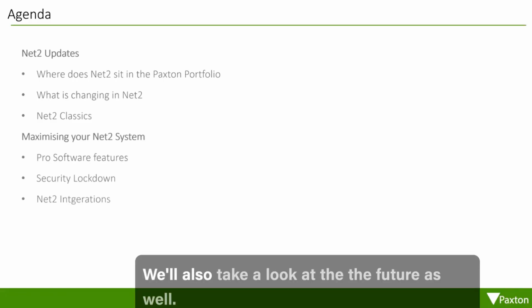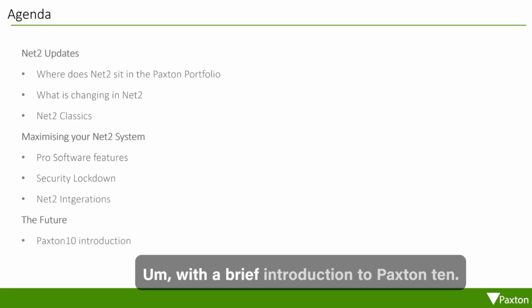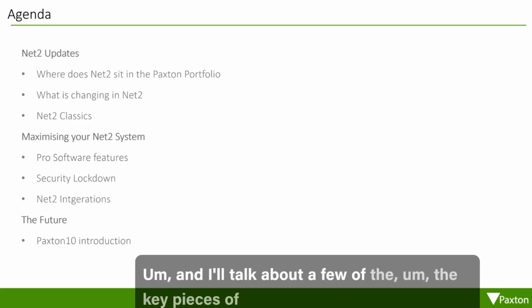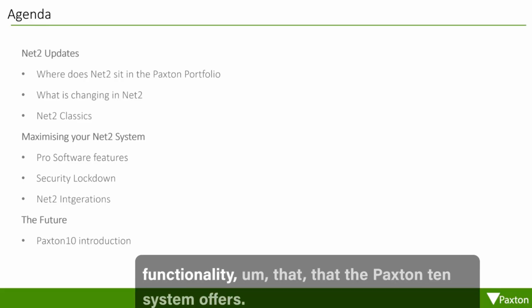We'll also take a look at the future as well, with a brief introduction to Paxton 10, and I'll talk about a few of the key pieces of functionality that the Paxton 10 system offers.